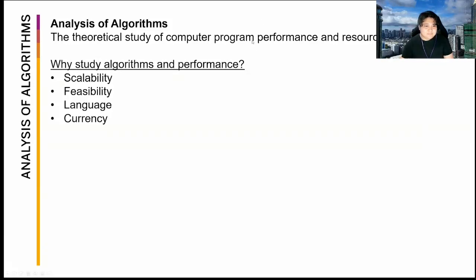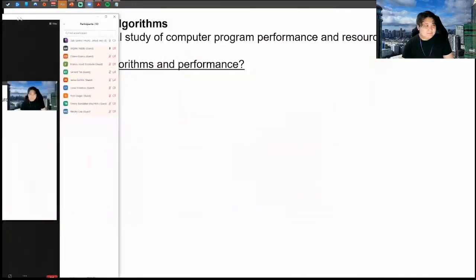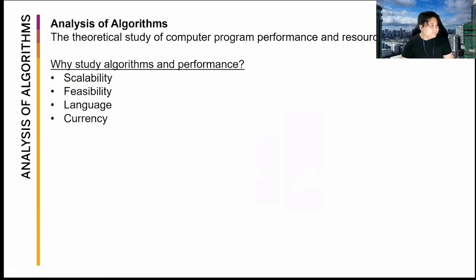Algorithms are what the code uses to work. Everything, all of the code, is parts of an algorithm. Okay, apps. So the apps have their own algorithms, right?